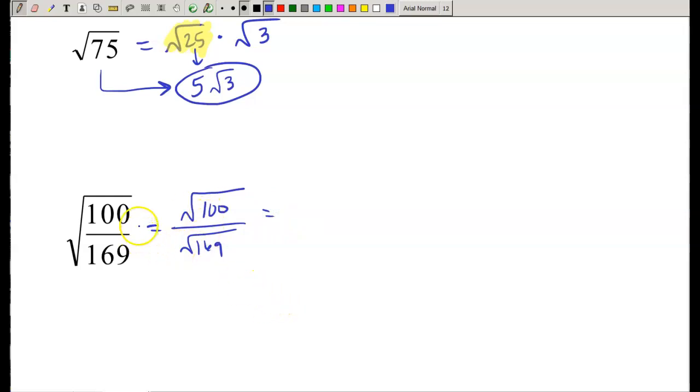So the square root of 100 separately is 10, and the square root of 169 is 13. And so that one simplifies quite nicely because the top and bottom were already perfect squares. But notice again that here we use the quotient property to break this up. And the one above, we use the product property to try to reduce that.